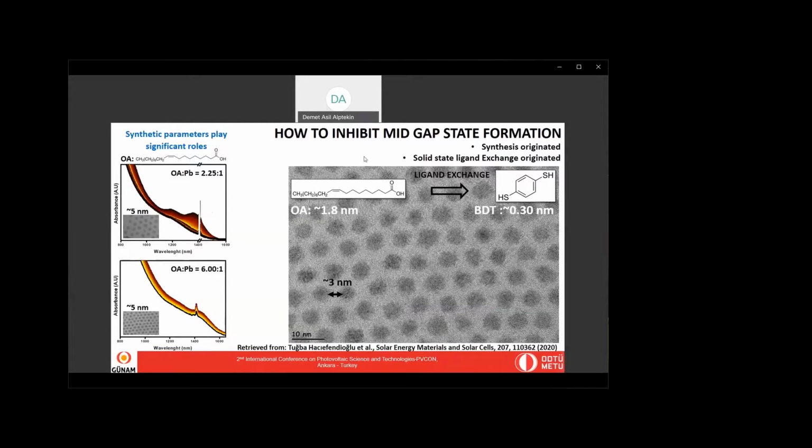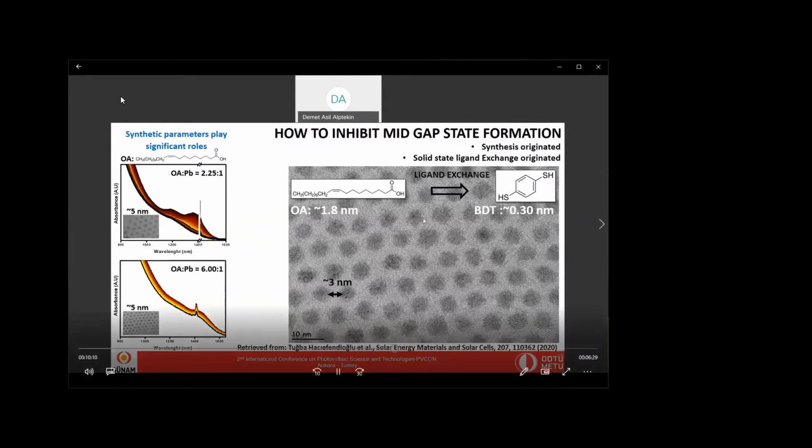So the question is how we are going to control that surface, how we are going to inhibit the mid-gap state formation. We need to get rid of those long insulating ligands and exchange them with shorter ones to improve the conductivity. If we're going to use them in photovoltaic cells, we need to exchange those ligands.